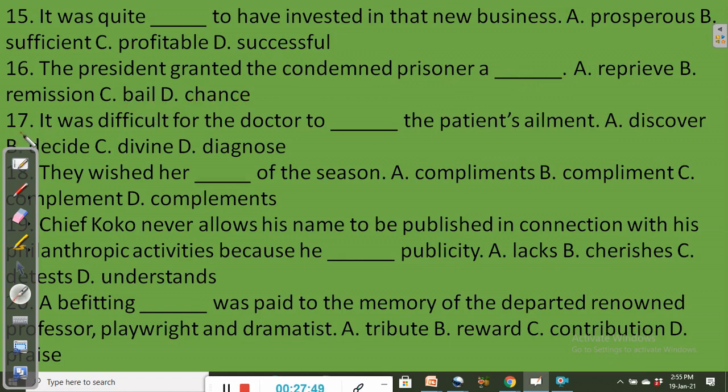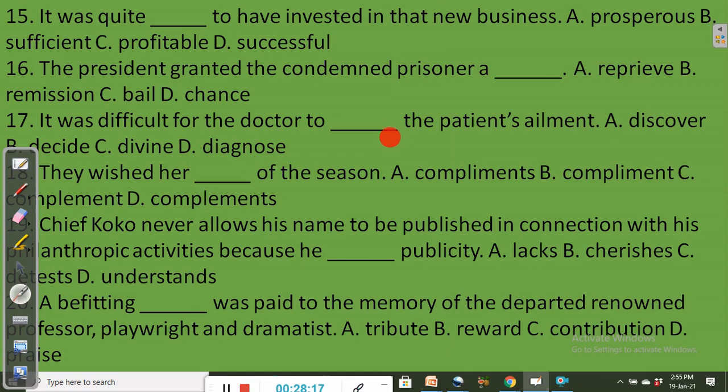So question number 17, it was difficult for the doctor to dash the patient's ailment. A, discover. B, decide. C, divine. D, diagnose. Of course, the medical term is diagnose. You diagnose an ailment or you diagnose a disease, you know, a sickness, a medical condition.